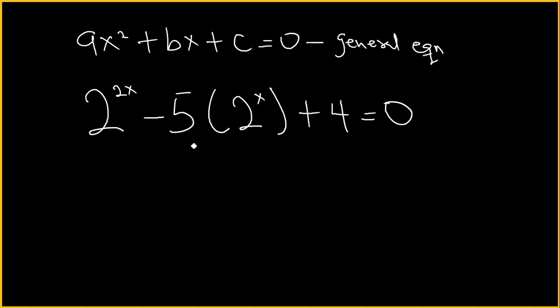Solution: from the first term, we have 2 raised to the power 2x, which obeys the power law. Minus 5 multiplying 2 raised to the power x plus 4 equals 0. What we are going to do is make each term have a similar base. We are going to resolve this to get a similar base for all the terms.